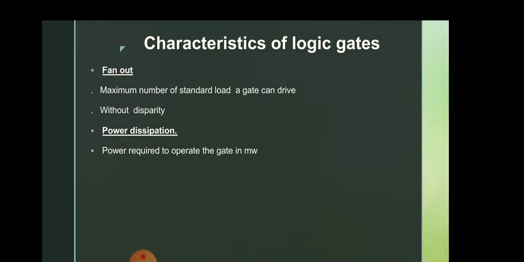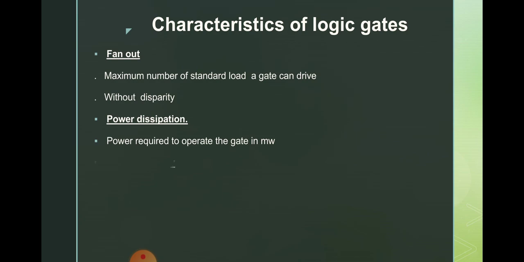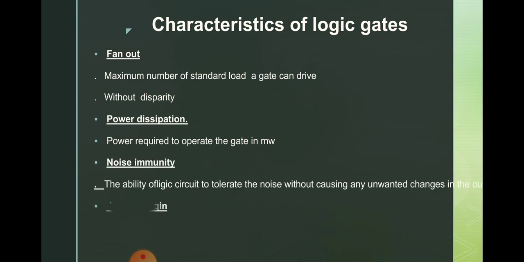Now let us move towards the next definition, and that is noise immunity. What do you mean by noise immunity? It is the ability of a logic circuit to tolerate noise without causing any unwanted change in the output. If noise is present and the gate has the capability to oppose that noise without a change in the output, this property is known as noise immunity.